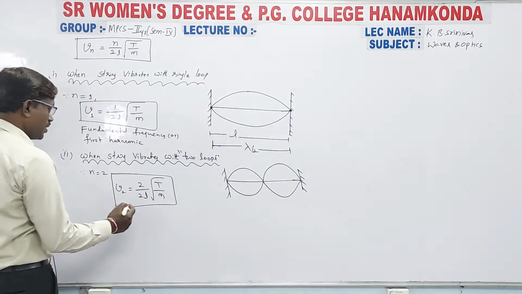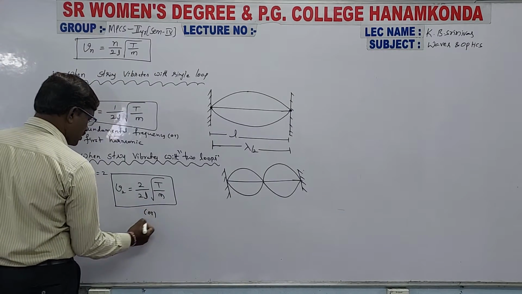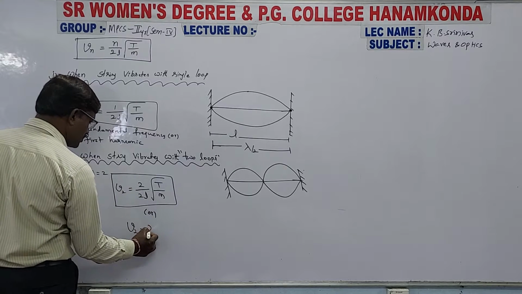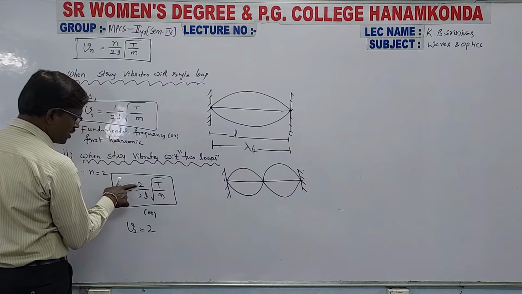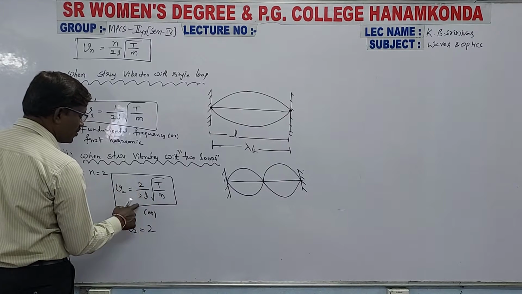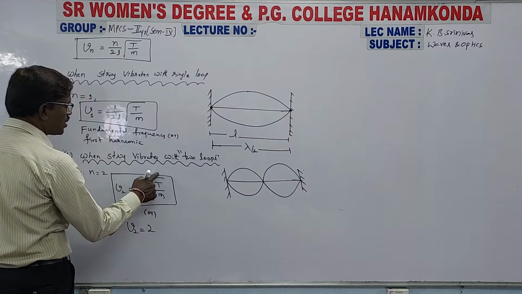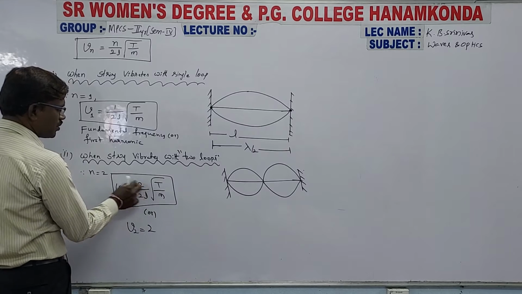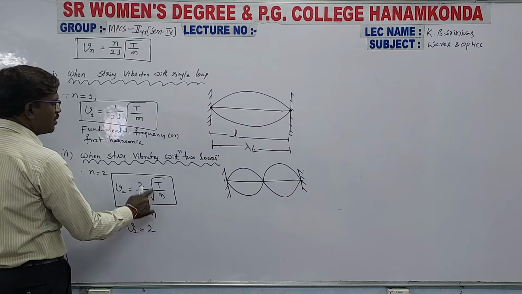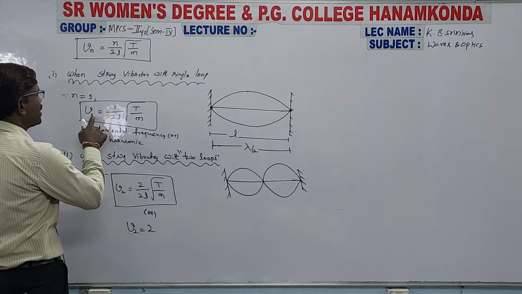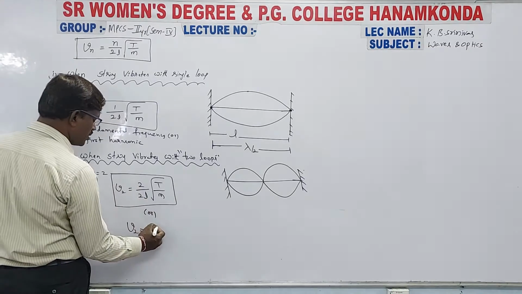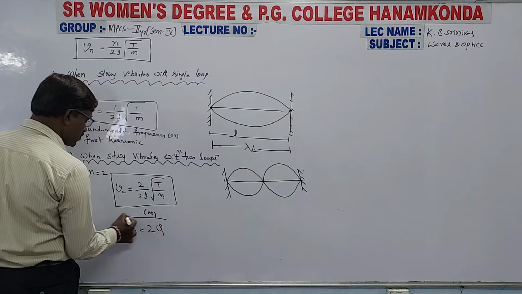This also can be written as nu 2 is equal to 2 into 1 by 2L under root of T by m, taking 2 as common. The 1 by 2L under root of T by m can be written as nu 1 only. So, this also can be written as 2 into nu 1.